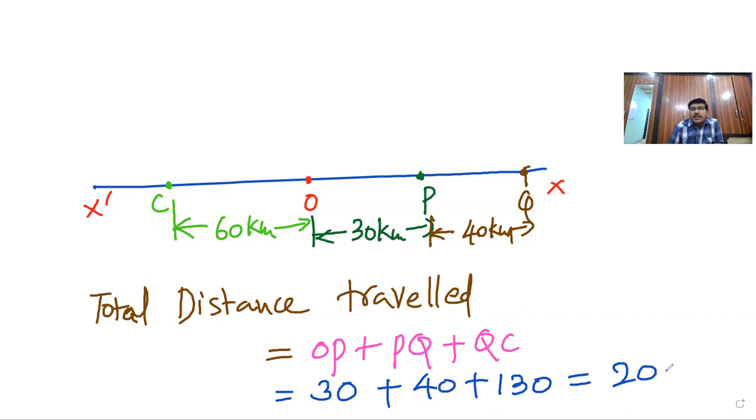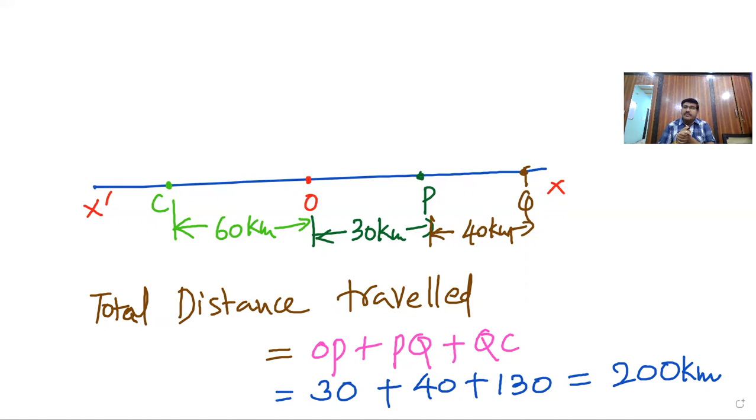Total is 200 kilometers. Have the clarity. O to P, then P to Q, then again Q to C. Distance is path length traveled.